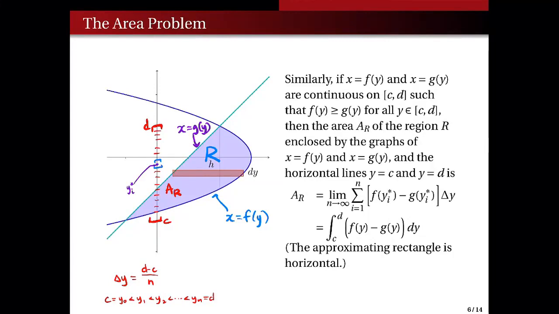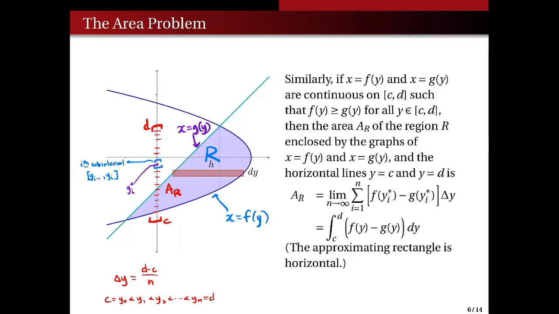The ith subinterval is just y sub i minus 1 comma y sub i.